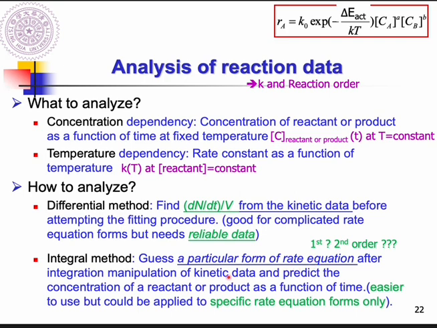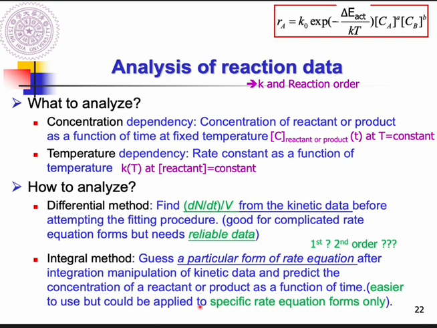As long as you have the particular form of rate equation, you can just input all the data points you collected or recorded from your experiments, then see whether they fit that specific rate equation. So this is easy to use because you already have a specific form of the rate equation for a specific reaction order. You just input all the data points here to see whether it fits.